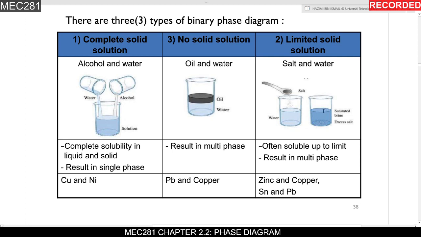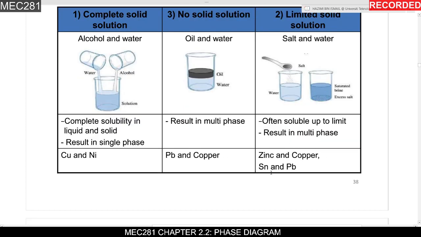At a certain point it only has limited solid solution, only limited solubility, so it also results in multi-phase. Examples of alloys are the composition of zinc and copper, and strontium and platinum or lead.